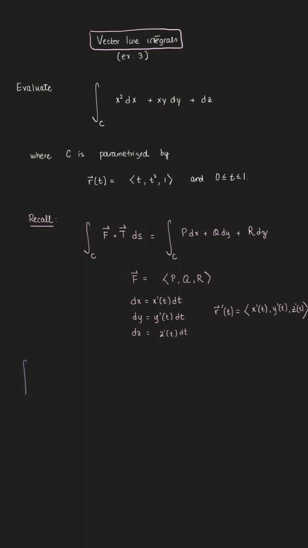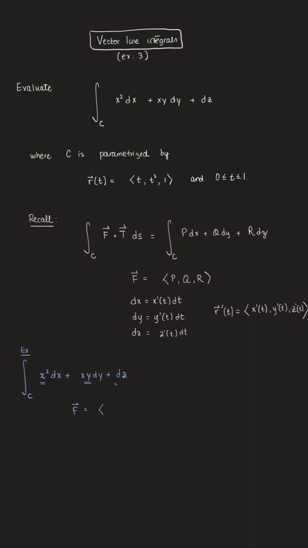In fact, what I think is the first thing we should do with this x squared dx is think about what is the vector field that we have given here. So in this example, the vector field f consists of p, q, and r. P is x squared, q is xy, and r is 1.